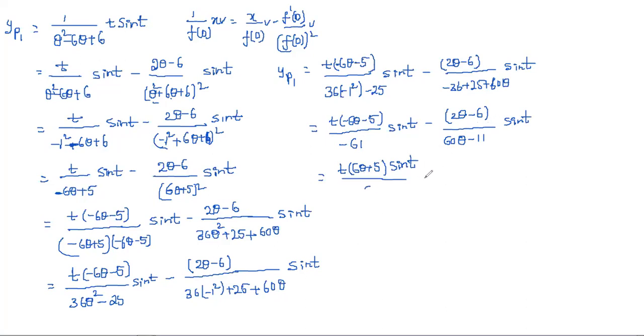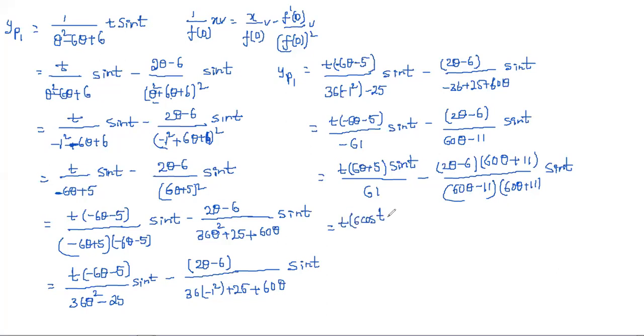And coming to this, again we need to rationalize. 2 theta minus 6 into 60 theta plus 11 by 60 theta minus 11 into 60 theta plus 11 into sine t. So this is nothing but t into 6 cos t plus 5 sine t by 61.